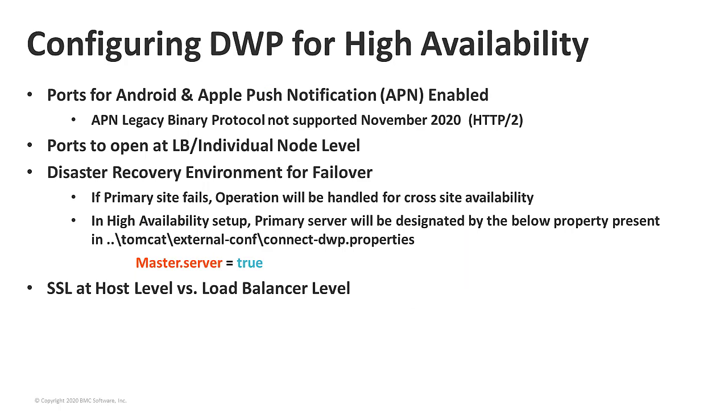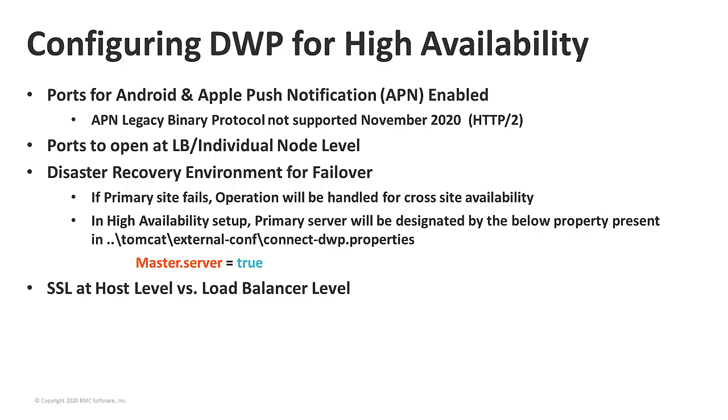In a high availability setup, if you would like to leverage push notification for your Apple and Android devices, make sure the APN gateway ports are enabled at the load balancer level as well as the individual host level. As you know, Apple recently announced that they are not going to support the legacy binary protocol starting November 2020.